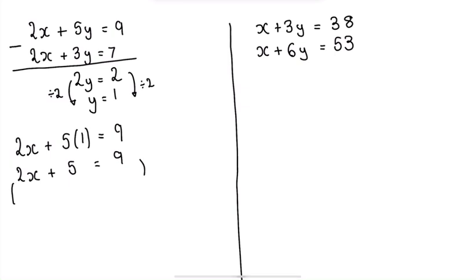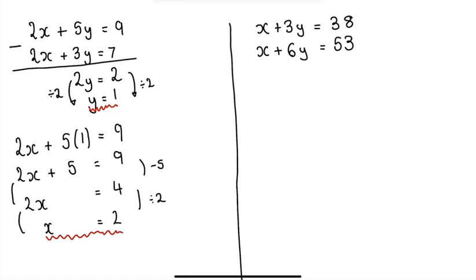So getting rid of that 5 first by taking it away from both sides leaves me with 2x equals 4, and then getting rid of that 2 by dividing both sides by 2 leaves us with x equals 2. So our answers for this are y equals 1 and x equals 2. We've solved those equations simultaneously.